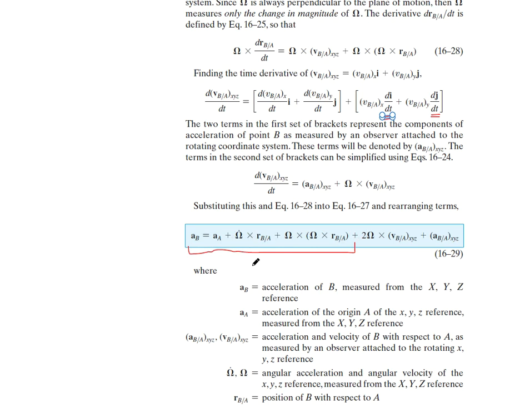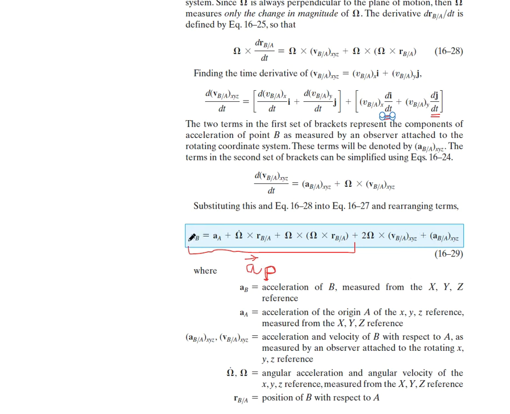This would be the absolute acceleration of that point P, which momentarily coincides with point B, but does not move relative to the moving frame.